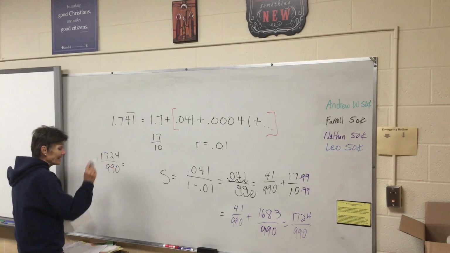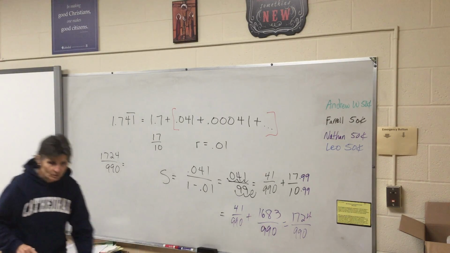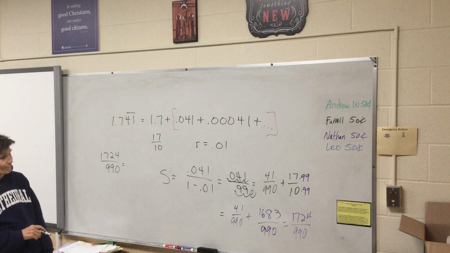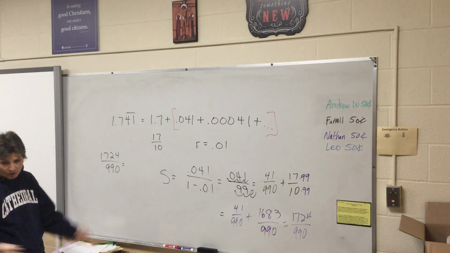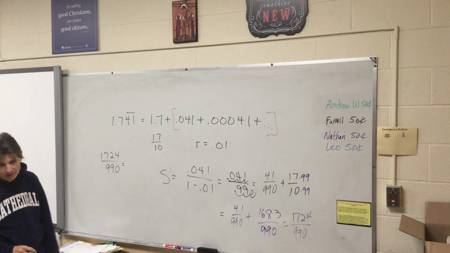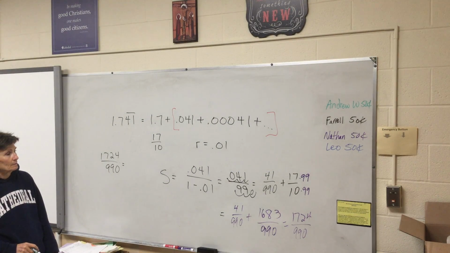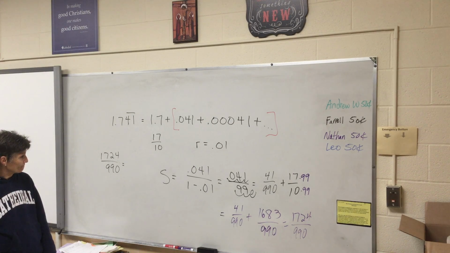Does anybody see anything that'll go into those two numbers? One ends in 4 and one ends with 0. What do we know goes into both of them? We can do 2. Yeah, very good.